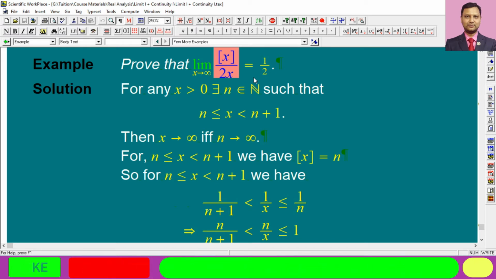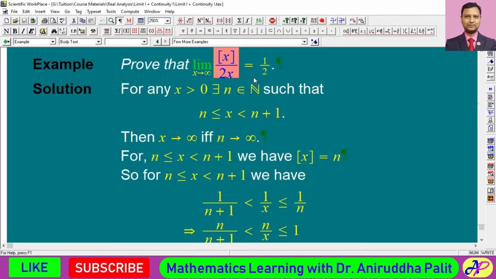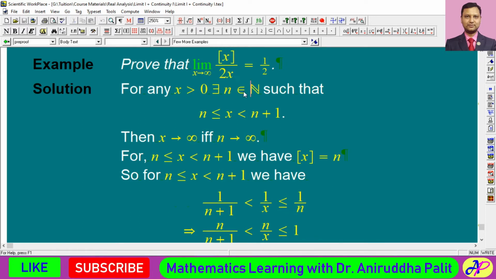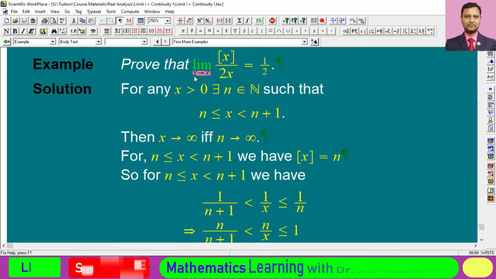So we have to prove that the limit as x tends to infinity of [x] by 2x is equal to half. How to prove this? Over here we take the limit as x tends to infinity. So it is natural to discuss positive values, because as x diverges to infinity, x ultimately takes positive values.